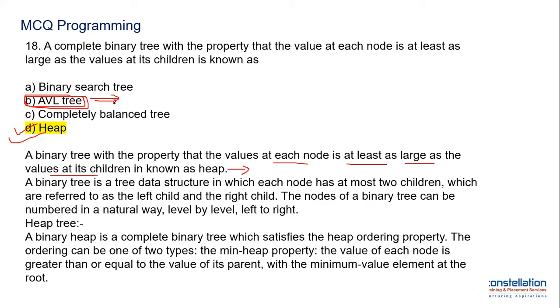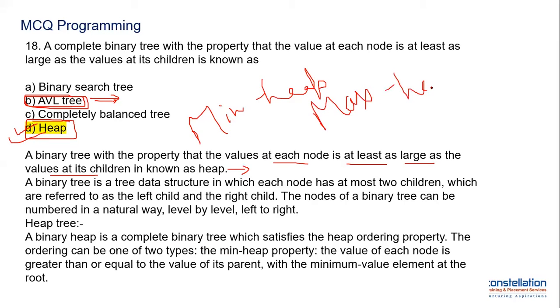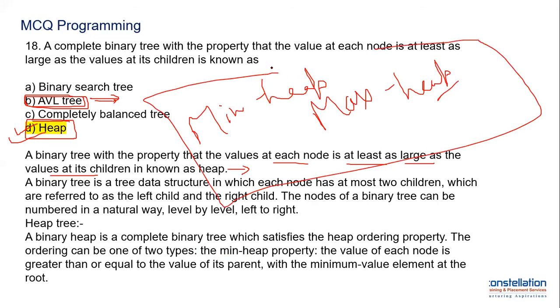So keep in mind, AVL is not the right answer. The right answer is heap. And there are two types of heap, as we talked about, min heap and max heap. Sometime we'll make another video on this topic so that you can understand it, but for the time being, we will just continue with option D.